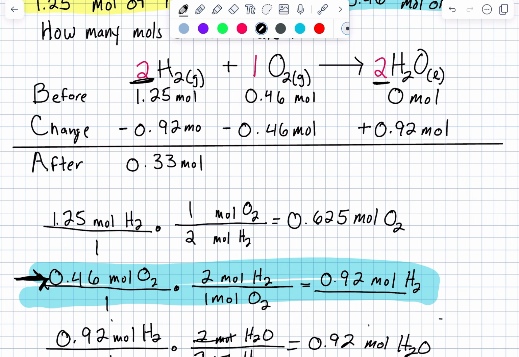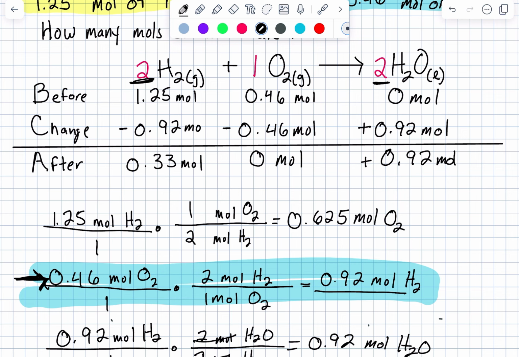My oxygen, I used all 0.46 moles, so I'm going to have 0 moles of oxygen left. Your limiting reactant should always be used entirely. It should always have 0 moles left over. And for my products, I had 0.92 moles produced.